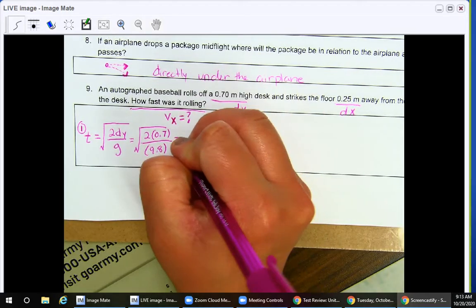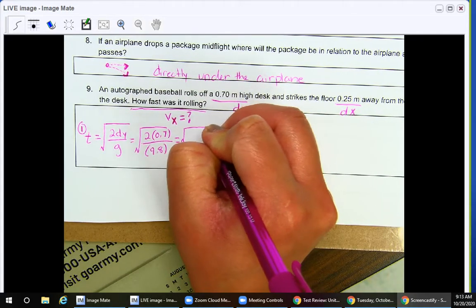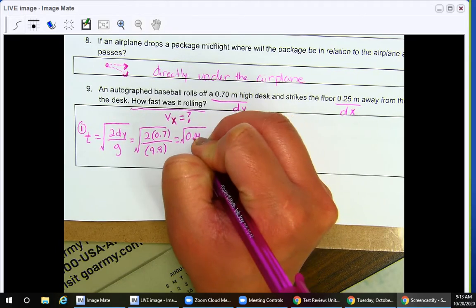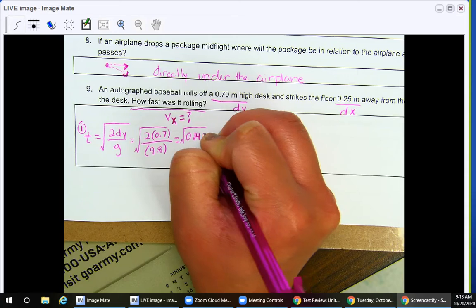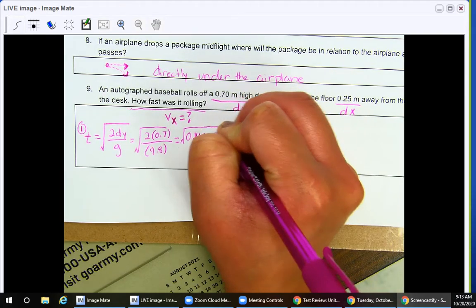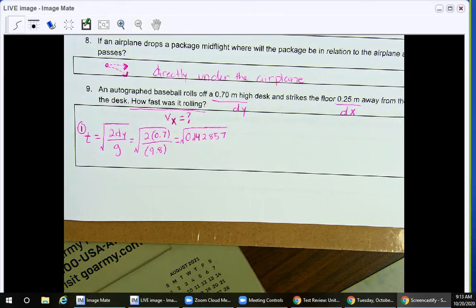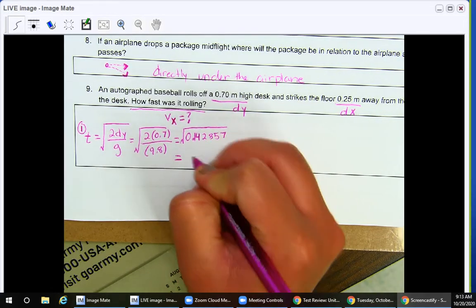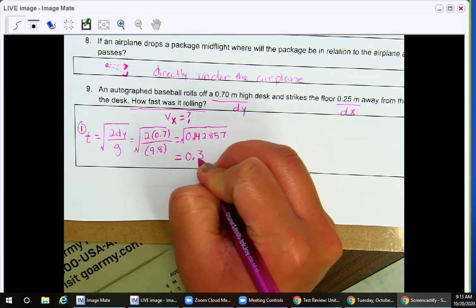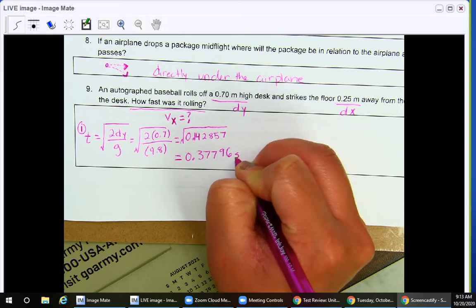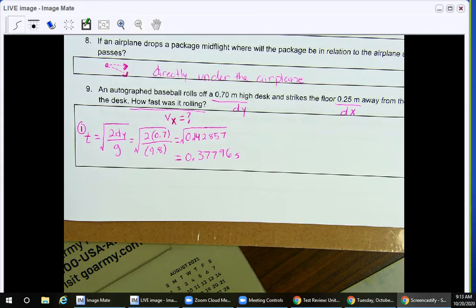So that would be the square root of 0.142857. And then when you square root that value, your time is 0.37796 seconds. That's not your answer.